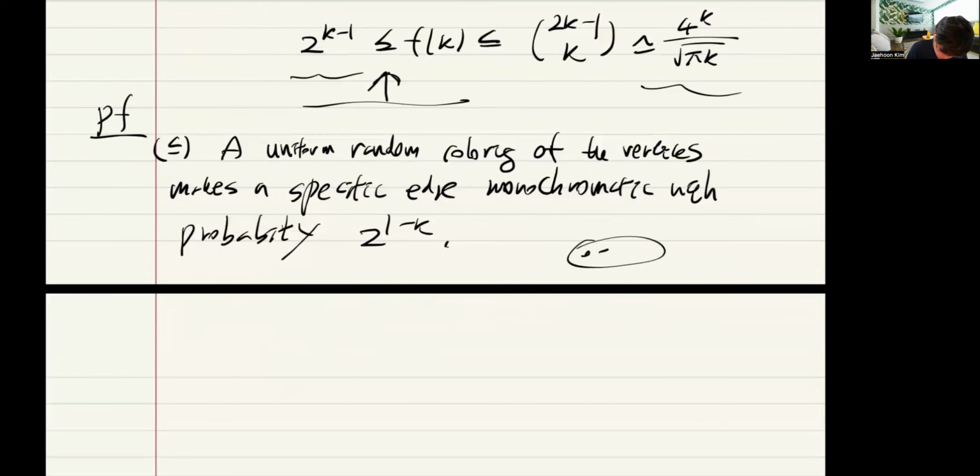You have k vertices, all of them being red or all of them being blue. You add the probabilities, then you get it.